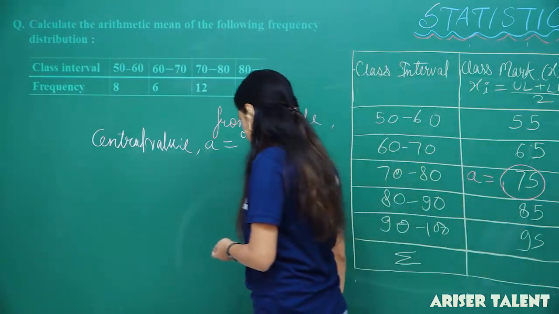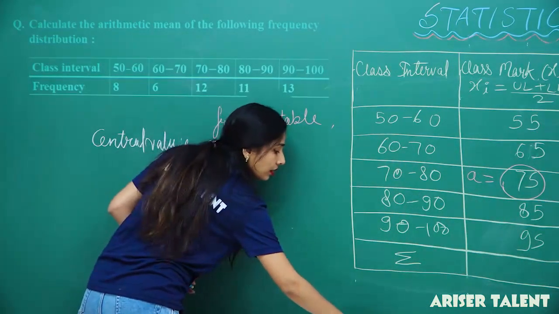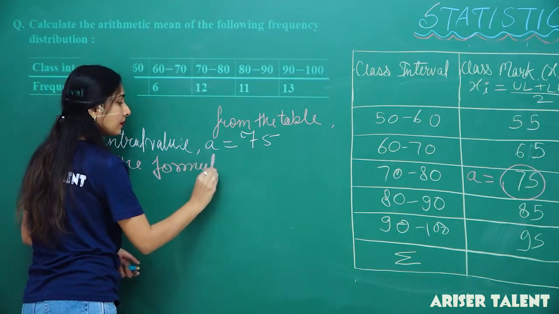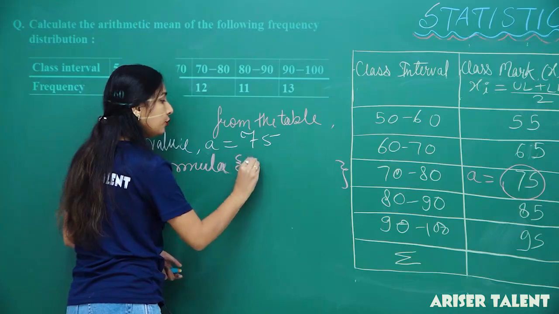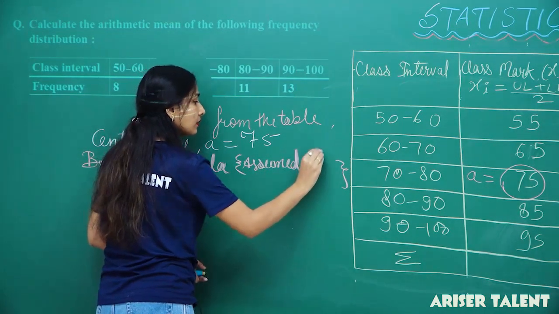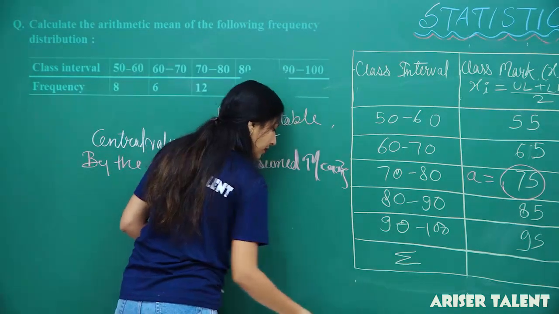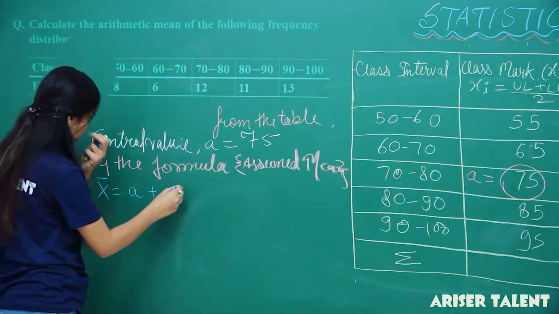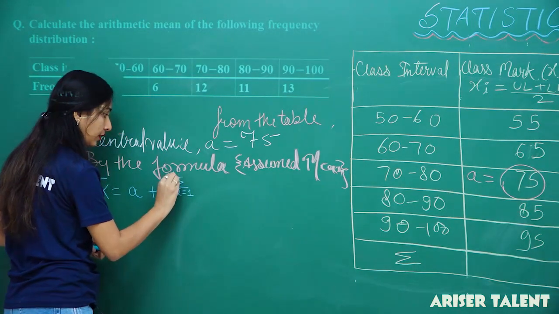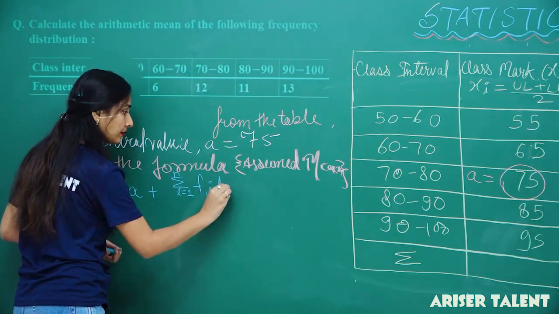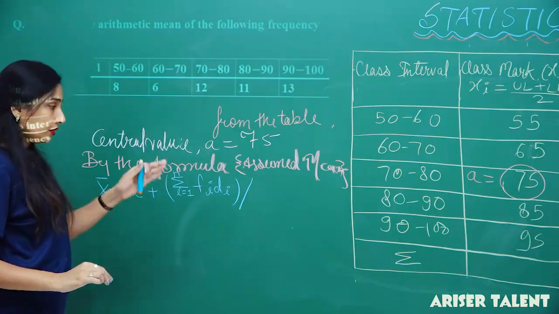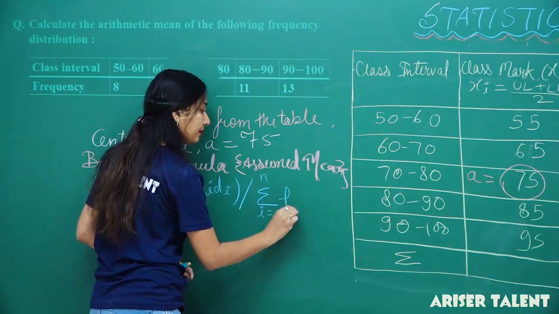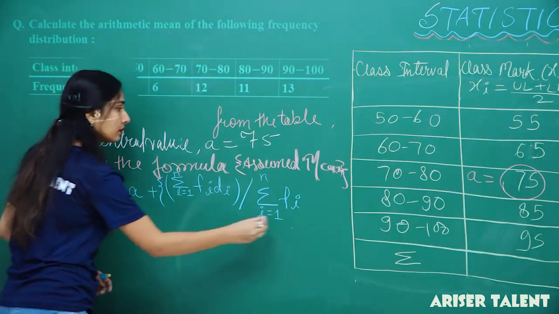Now the question again. By the formula of the assumed mean, what formula do we have, students? X bar is equal to A plus the summation from i equals 1 to n of fi di, divided by the summation from i equals 1 to n of fi.